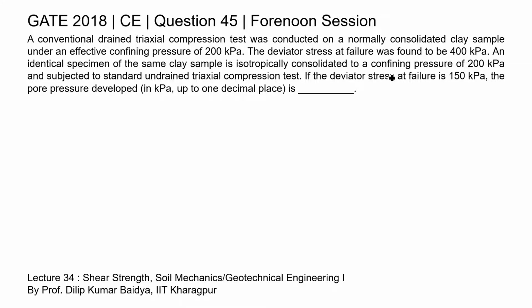In the second part, an undrained triaxial compression test was done for an identical specimen of the same clay sample, with confining pressure 200 kPa and deviator stress at failure 150 kPa. So we need to find the pore pressure developed in the undrained triaxial compression test.